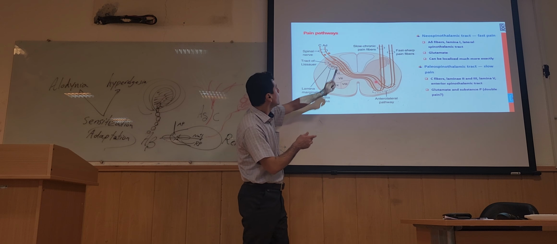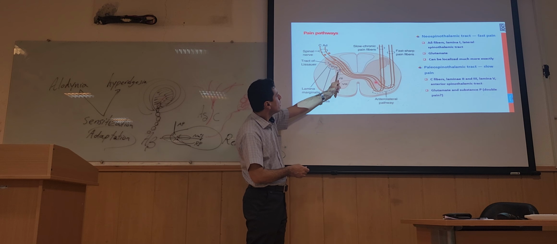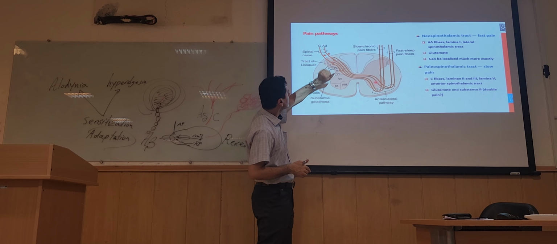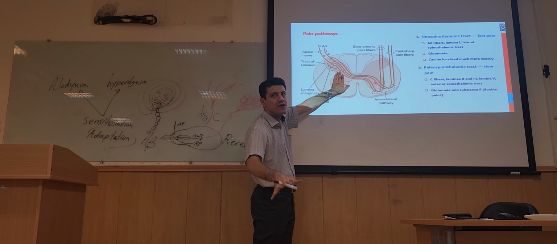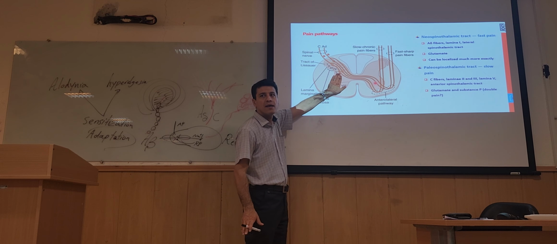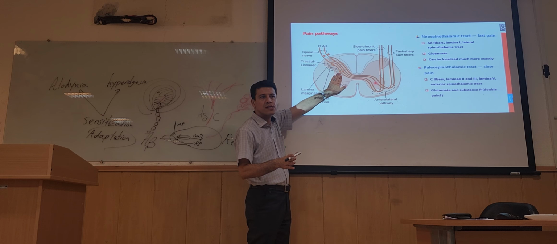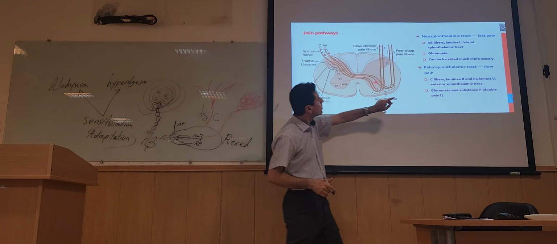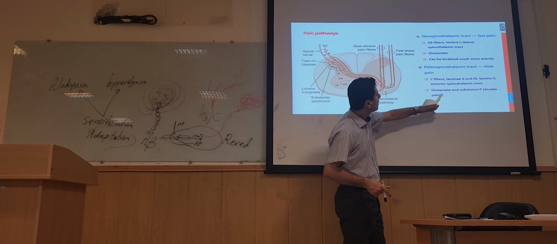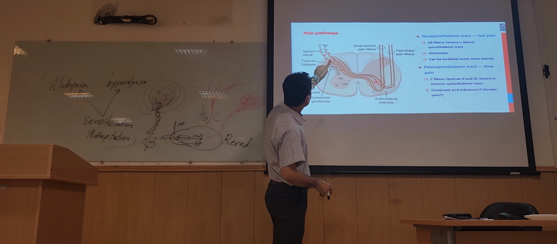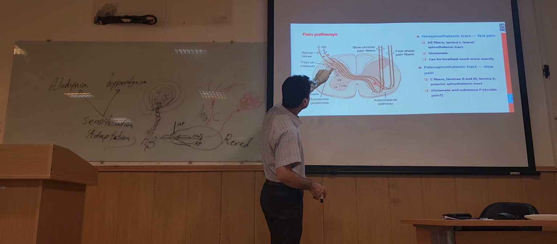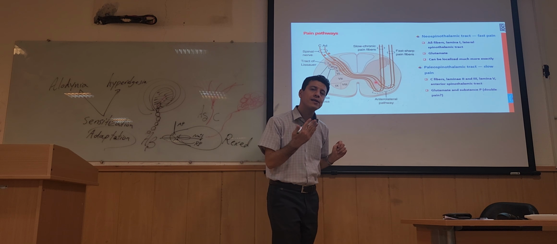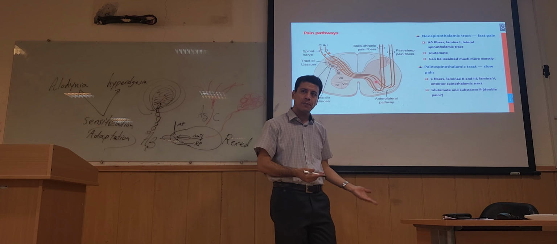Here, in layer 1 and layer 5, between the incoming fiber and the outgoing fiber, we have a synapse. And in this synapse, the neurotransmitter which is released is glutamate. So glutamate is released from the endings of both A delta and C fibers. But C fibers also release substance P, which is a neuropeptide.